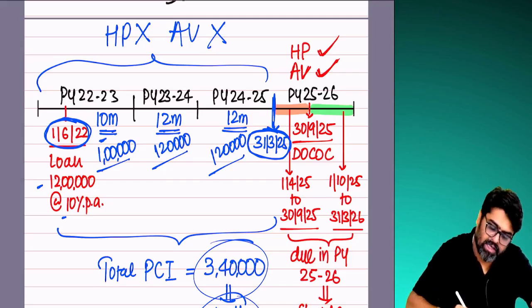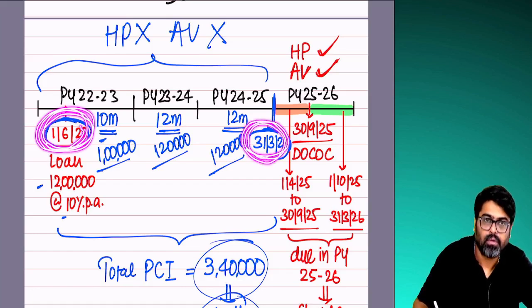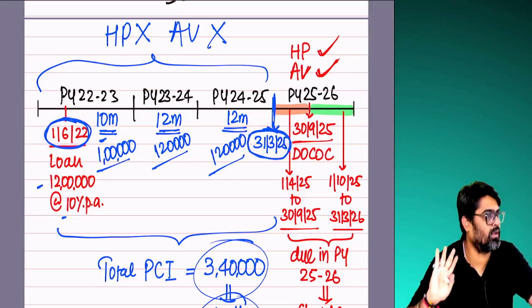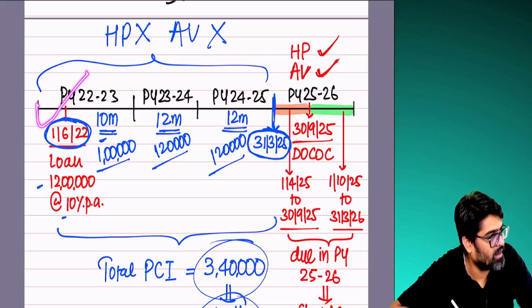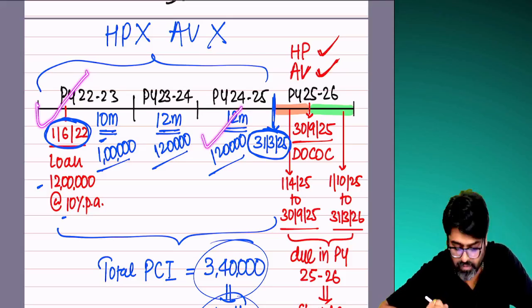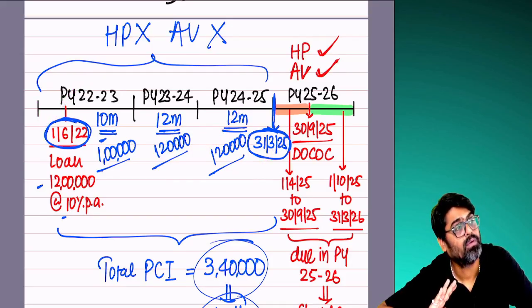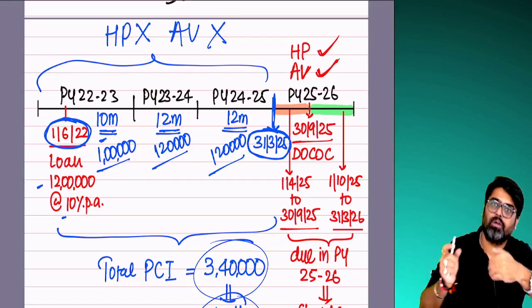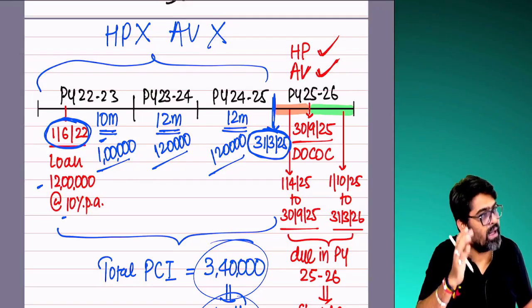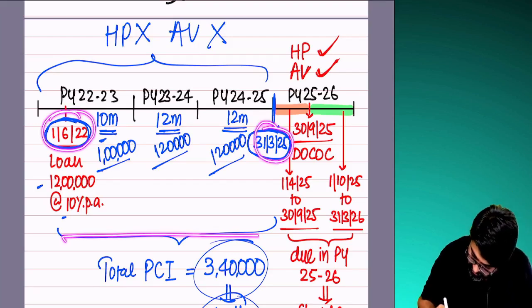The period which starts from date of borrowing and ends on 31st March immediately preceding to DOCOC. So you'll have to check date of completion of construction. Immediately prior to this, whatever 31st March is there, that is the date on which your pre-construction period will end. So from this till this is your pre-construction period.